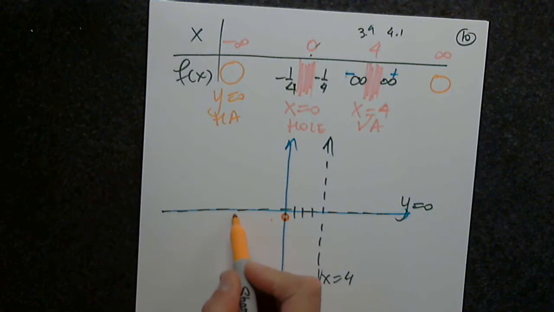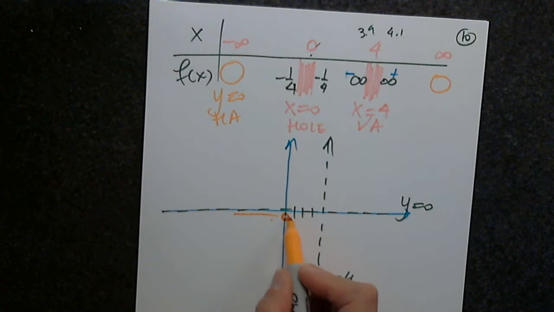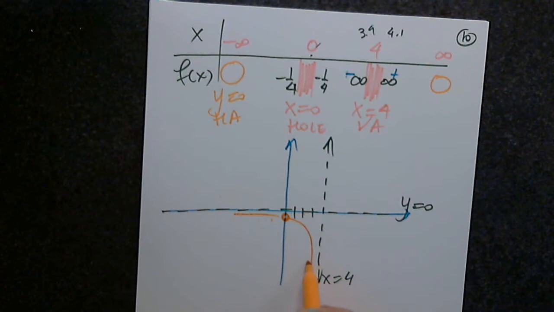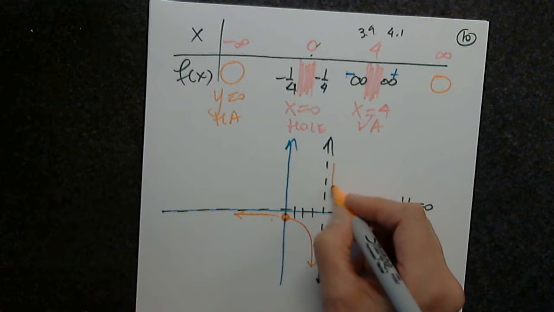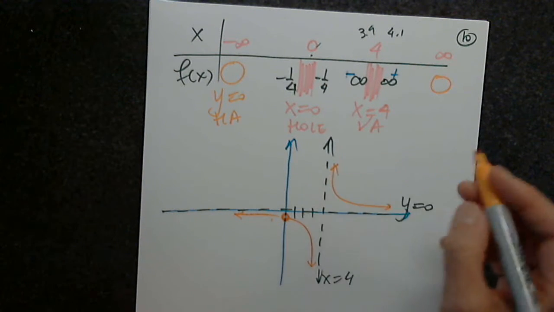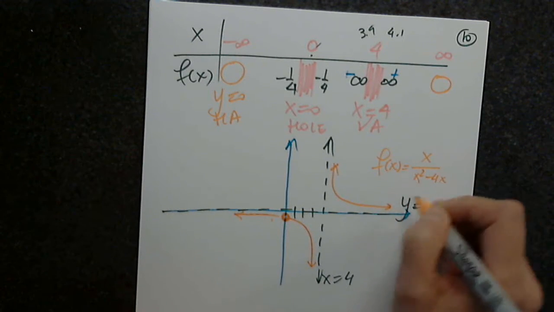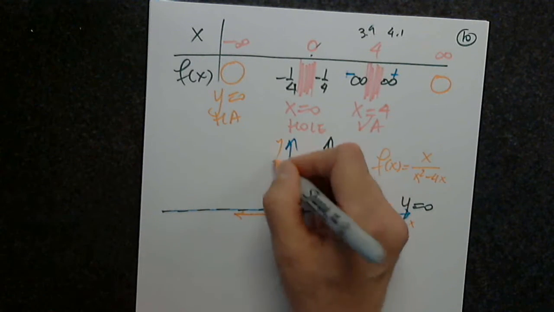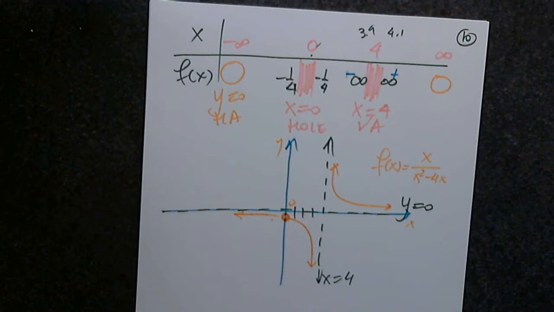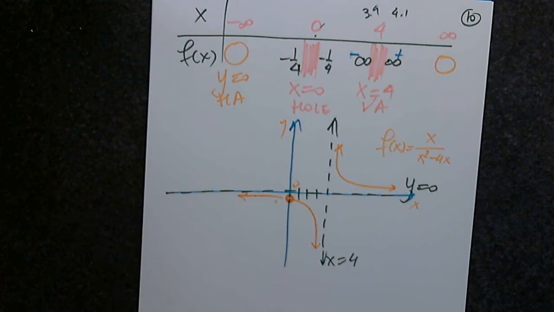So approaching 0, going to negative infinity, and from positive infinity to 0. And this is the function x over x squared minus 4x. And this is an empty point. It's a hole in there.